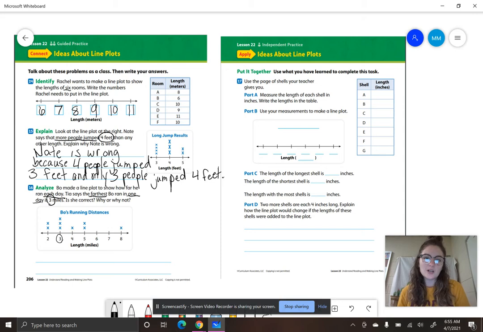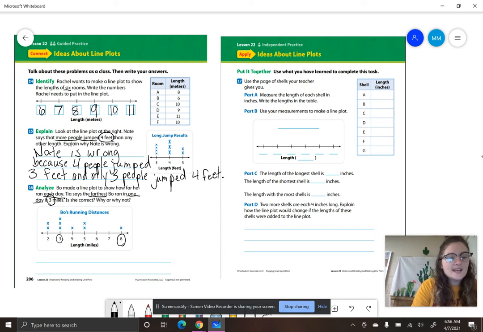What's the last number in our line plot? The greatest number is 8. So is Tia right or wrong? She is wrong. Why is she wrong, Smarties? Because there were 3 days where he ran 3 miles, but is 3 miles farther than 8 miles? No. So he ran 3 miles the most number of days, but the farthest he ran was 8 miles.